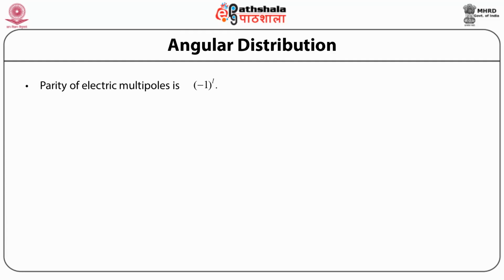Parity of electric multipoles is minus 1 raised to power L. Similarly, parity of magnetic multipoles is minus 1 raised to power L plus 1.